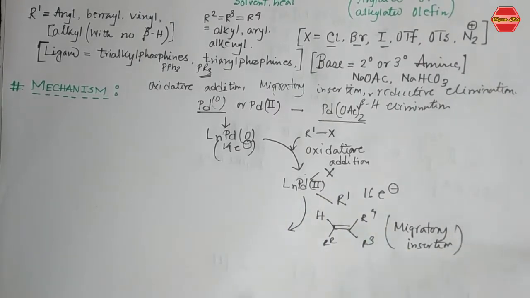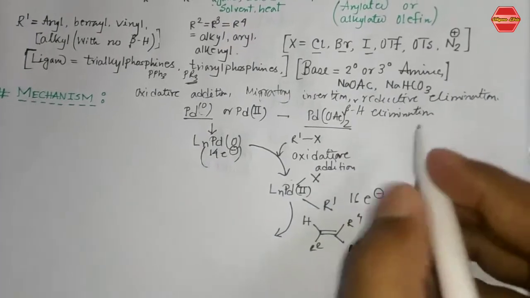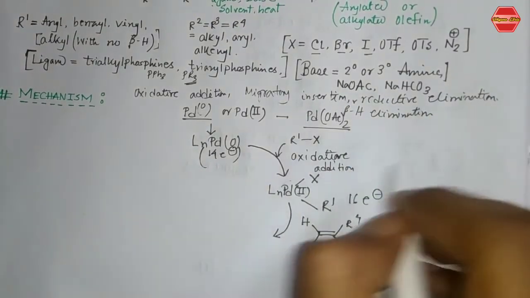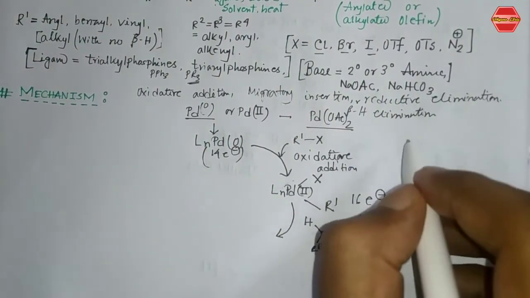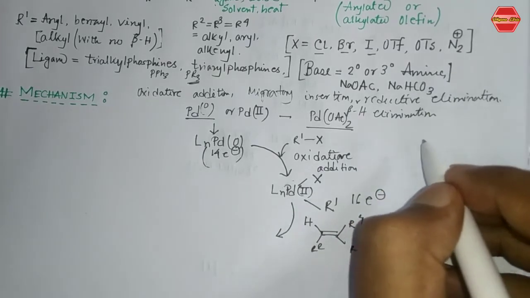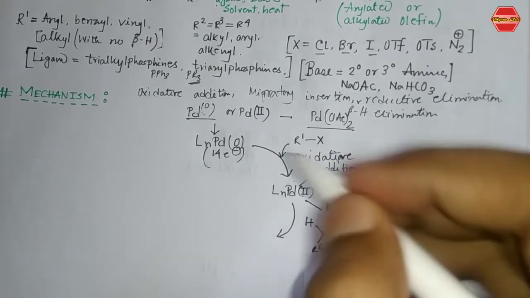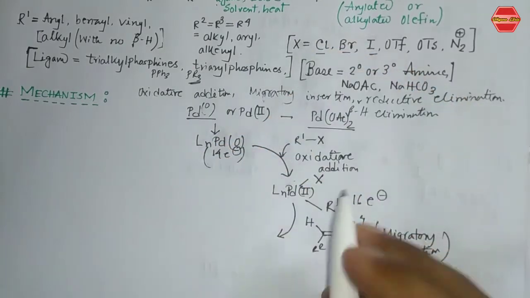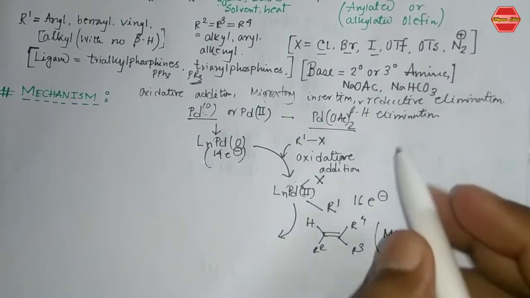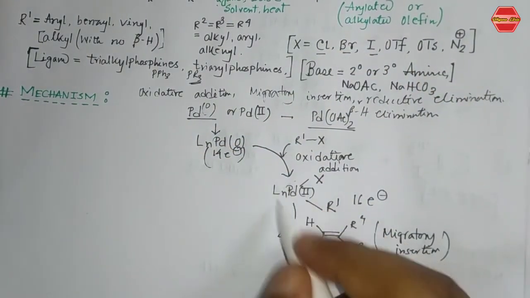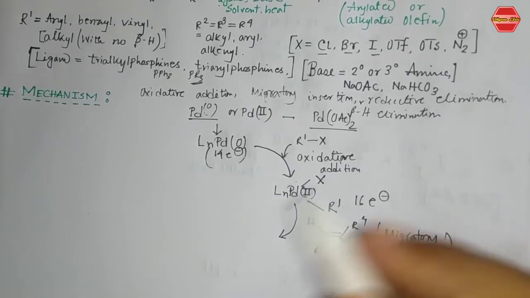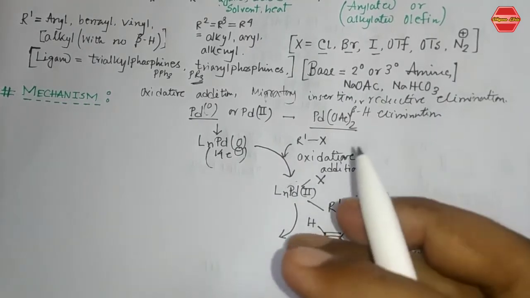To understand this concept, you have to know some basic knowledge about transition metal complexes. Transition metals are all less electronegative compared to carbon, so carbon is more electronegative. So this palladium will always attach to the more substituted end, or where the electron density is greater.